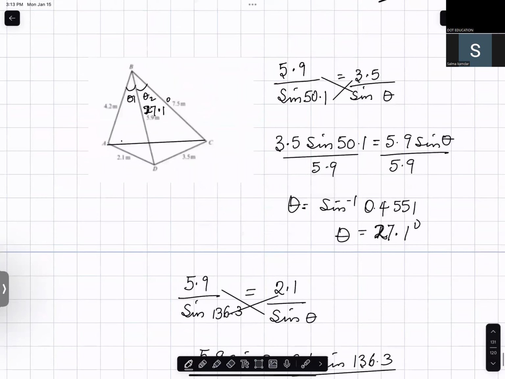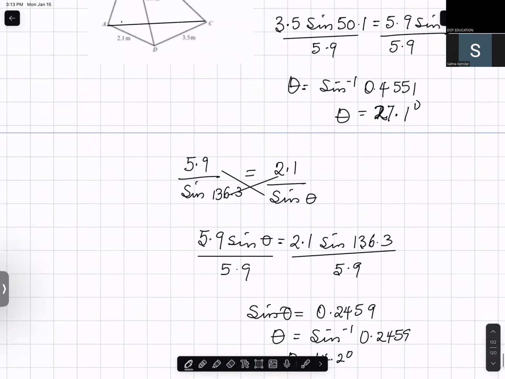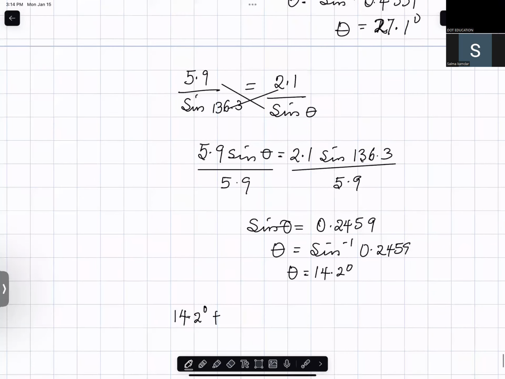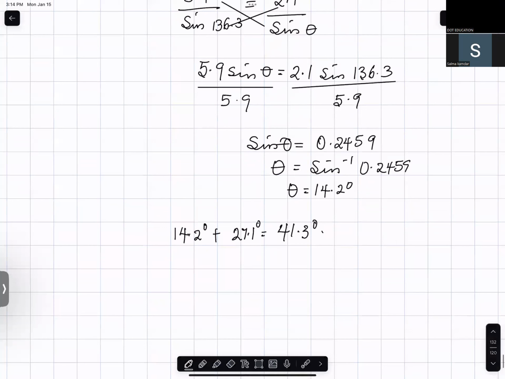So adding up, this will give me the entire angle facing the diagonal: 14.2 plus my previous angle, 27.1 degrees, gives 41.3 degrees.